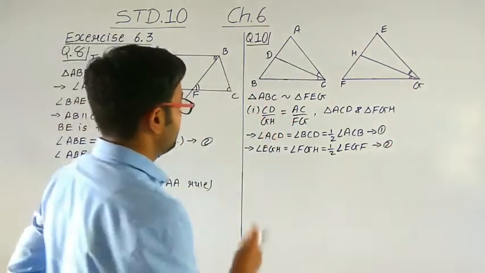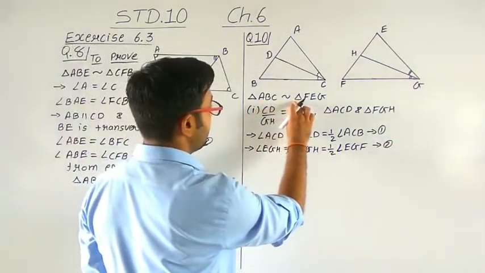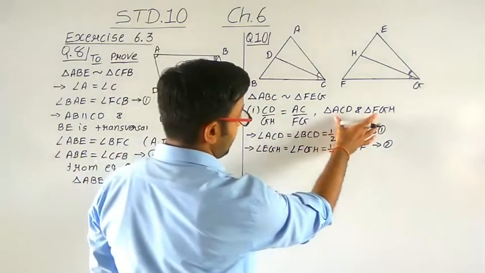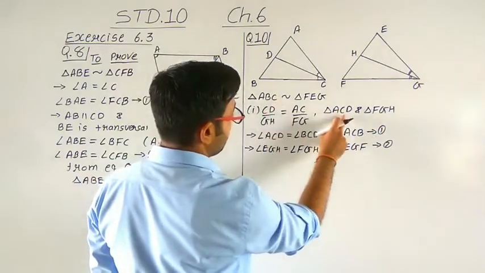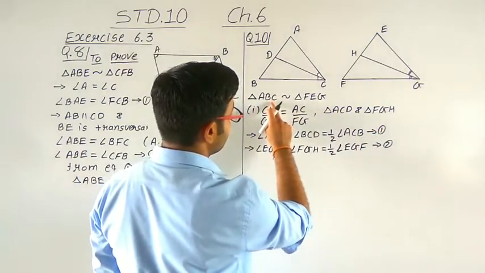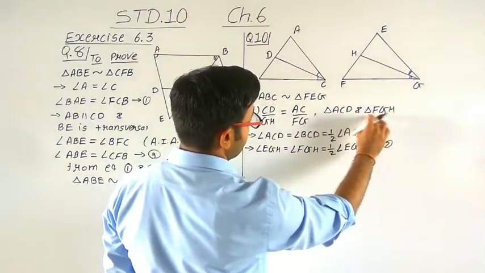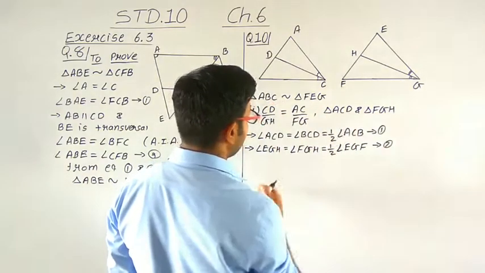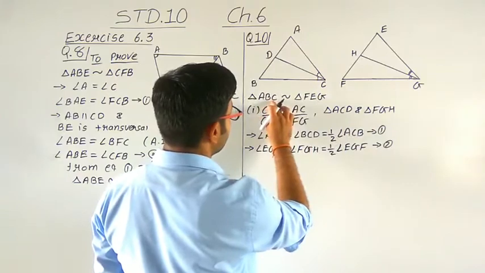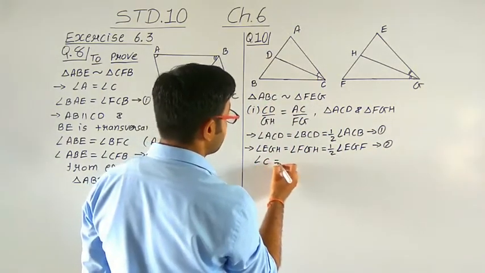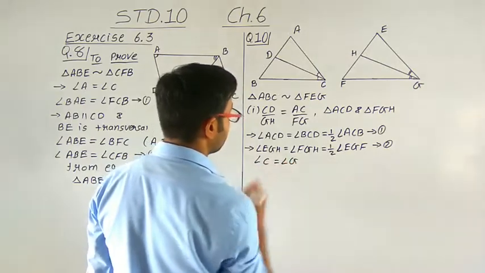One more thing we are given is that triangle ABC is similar to triangle FGH. So see, in both these triangles, one of the angles, C, is included in triangle ABC, and in triangle FGH, angle G is there. So from this we can write down that angle C is equal to angle G, right?